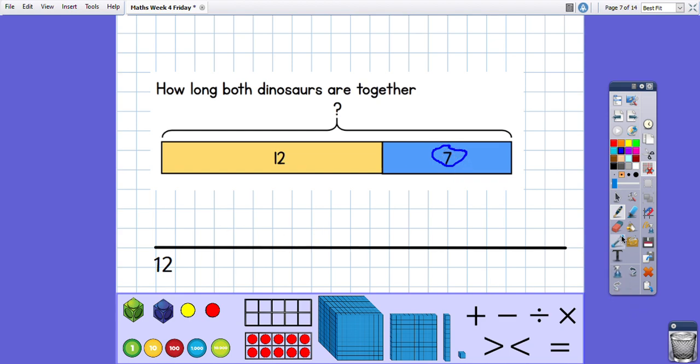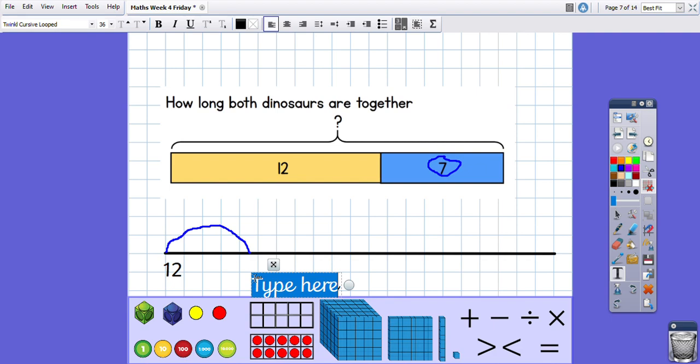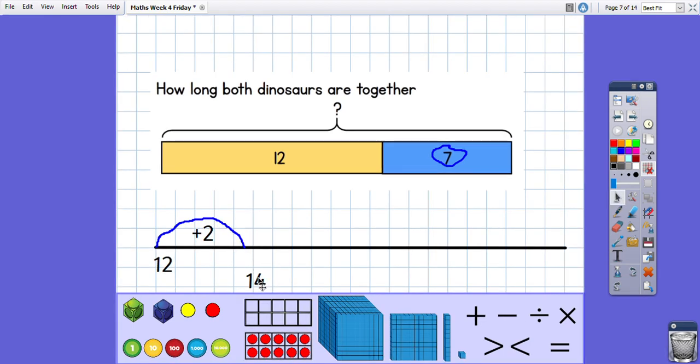So 12, I'm going to do it in twos, so I can do 12 add 2 is 14, and I know that I have added 2. Let's put the 14 in the right place, Miss French. 14 add 2 is 16.